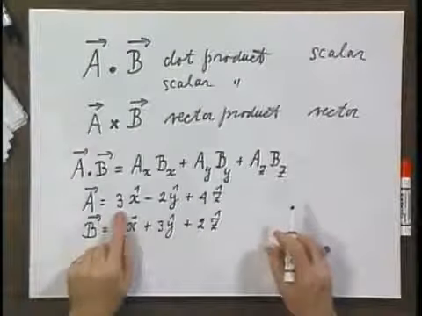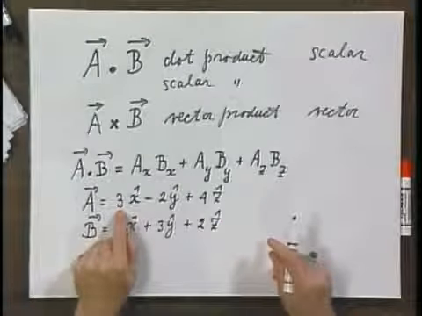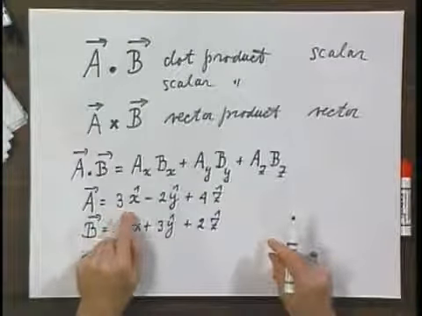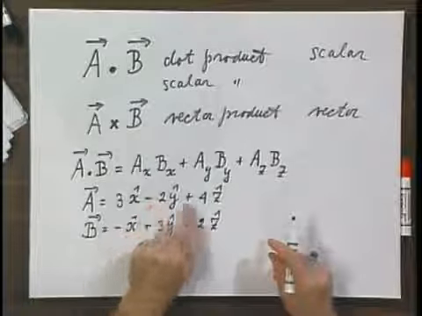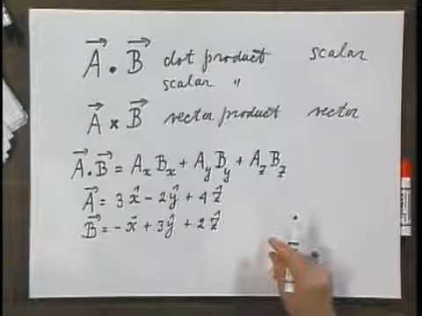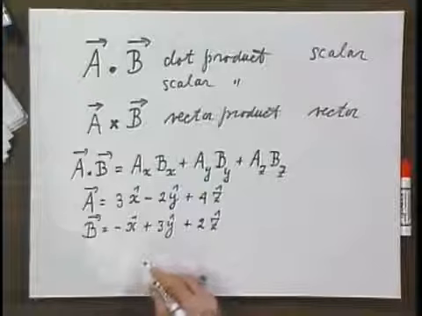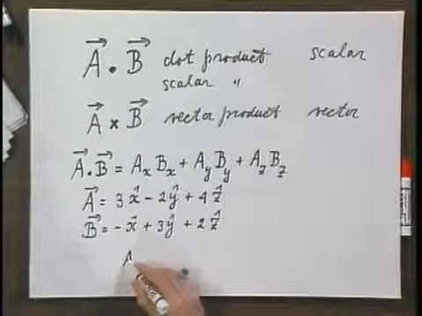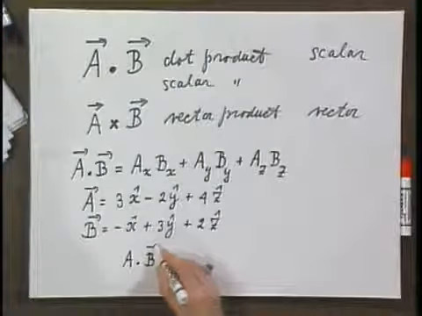So A has a component in the x direction of 3, in the plus x direction, in the y direction minus 2, in the z direction plus 4. What now is the dot product of A with B?